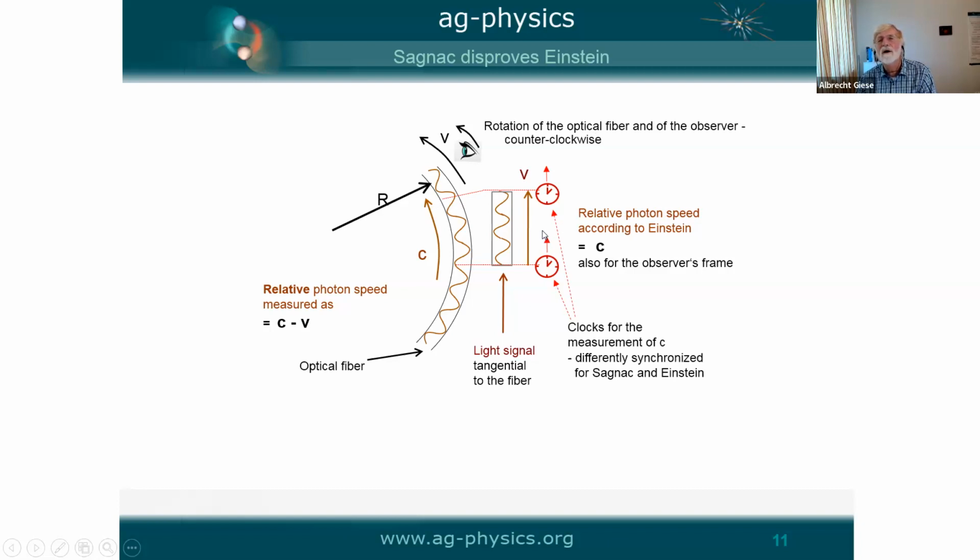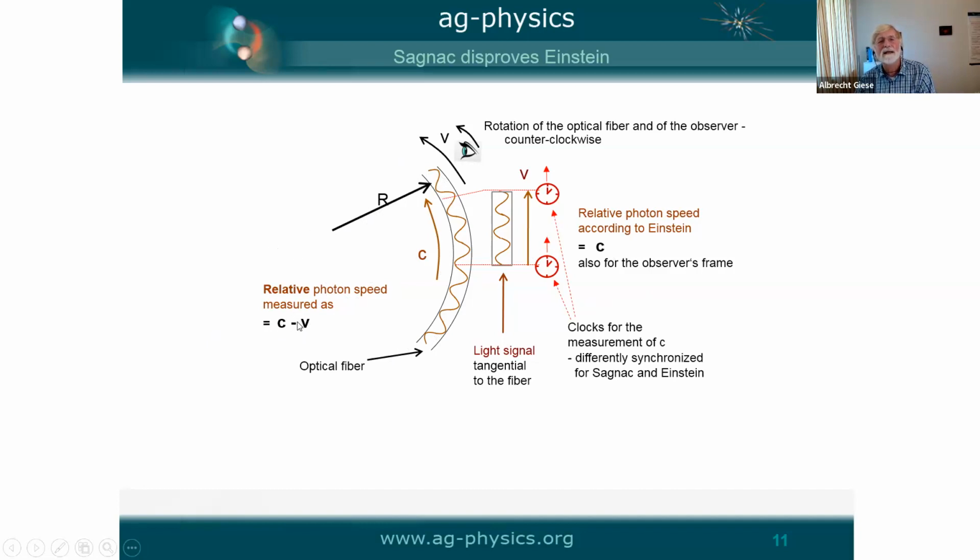But we can now consider the following. We have this difference between both values, and this difference, v, is independent of the radius of this loop. So we can increase this radius, and this will not change the difference. We can increase it as much as we want.